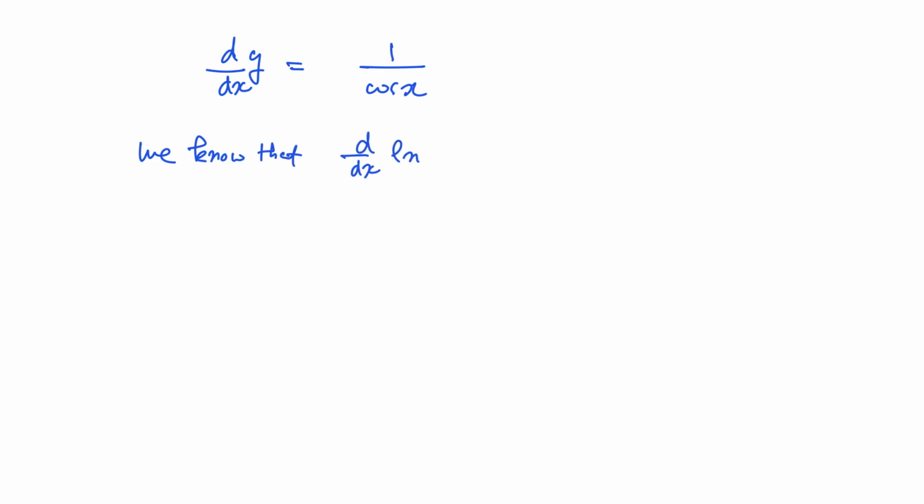So for example, a simple differential equation: dy/dx is 1 over cosine x. We know that d/dx of ln of tangent x plus secant x is 1 over cosine x, right?